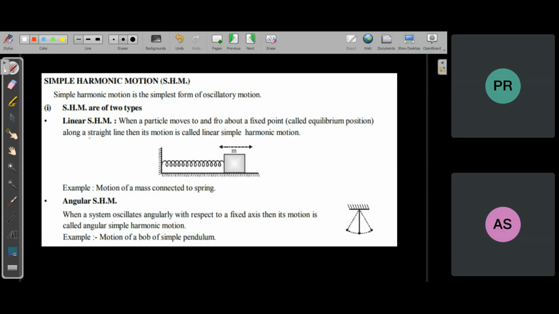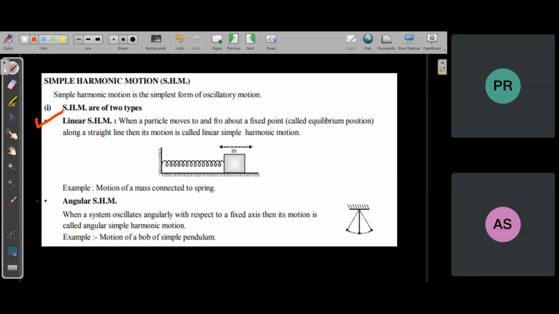If an SHM takes place about a fixed point and the particle moves in a straight line, for example this block, if you pull it and leave it, it will oscillate in a straight line, then this is linear SHM. Here the particle is going to and fro about a fixed point along a straight line. For example, the motion of this block connected to the spring.